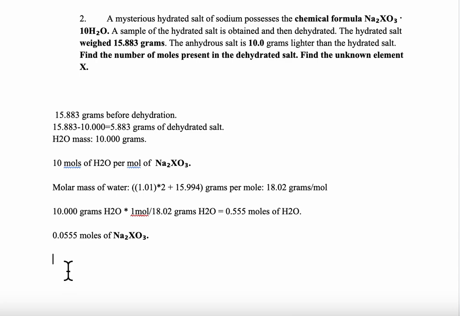It would be 5.883 grams divided by 0.0555 moles of Na2XO3.